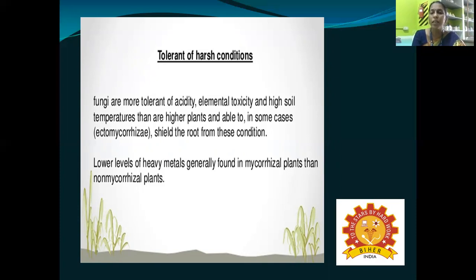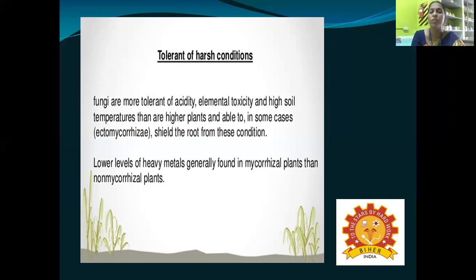But if a fungus is present in the root, it is automatically tolerant to acidity and elemental toxicity. Even in polluted water the plant can grow, and in high soil temperature the plant can grow nicely, and the root is protected from drought or flood.